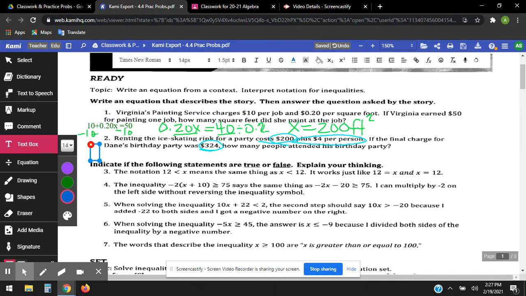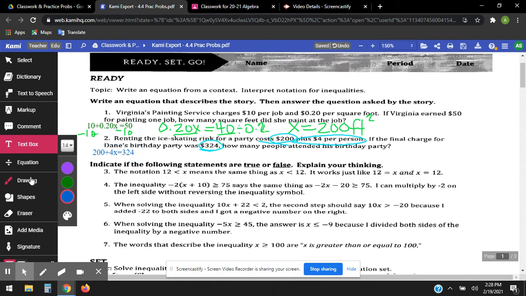It costs $200 just to even show up, right? So that's our starting point. And then if it's $4 per person, multiple people are going to be there. That's the equation piece. And we particularly want to know when the cost was $324, how many people did we have? So let's go ahead and solve this.